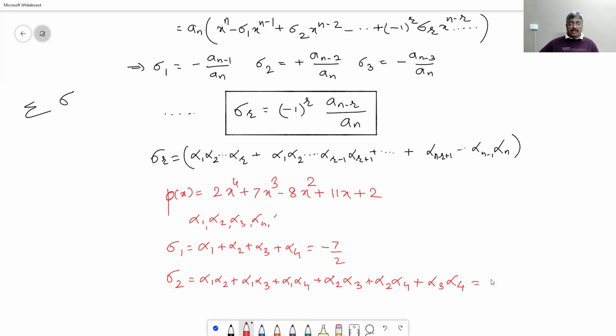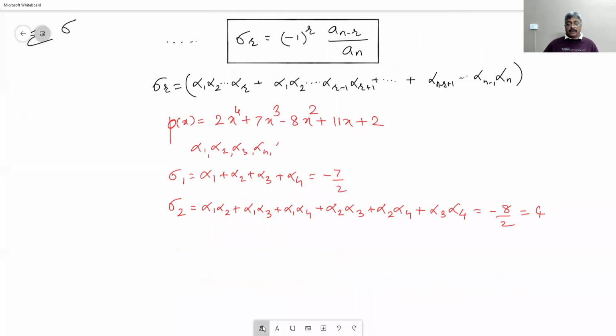But how much is this going to be equal to? Minus 8 upon 2, which is equal to minus 4. Without actually finding out the roots, we have a lot of information about the roots. That is the thing that we are trying to learn. Okay. What will be sigma 3 in this case?